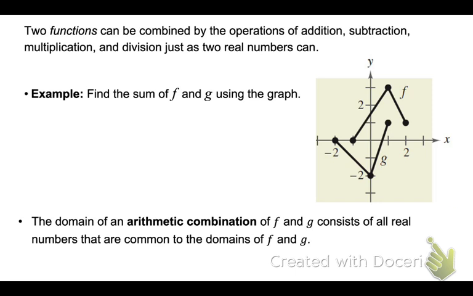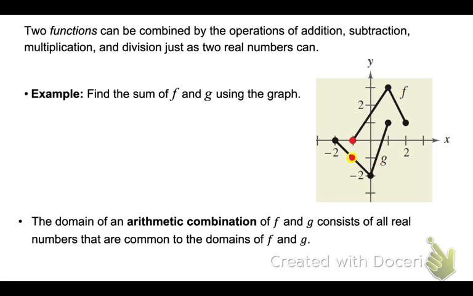Yes, because on f, when x is -1, y is 0. And on g, when x is -1, y is what? Negative 1. Okay, so 0 plus -1 is what? Negative 1. So the point would be at, can you see that?